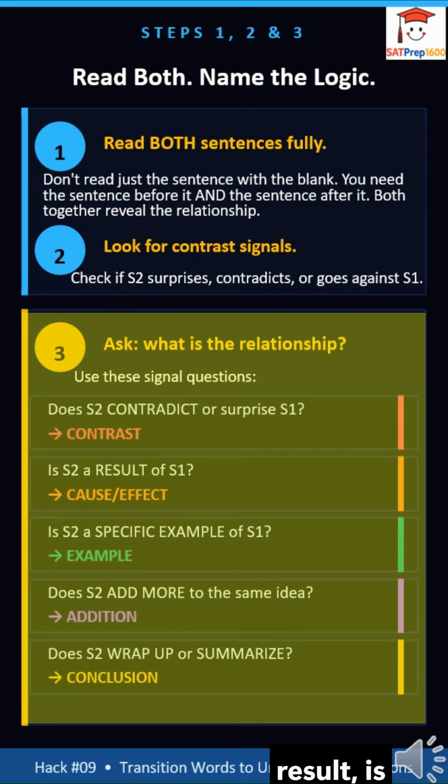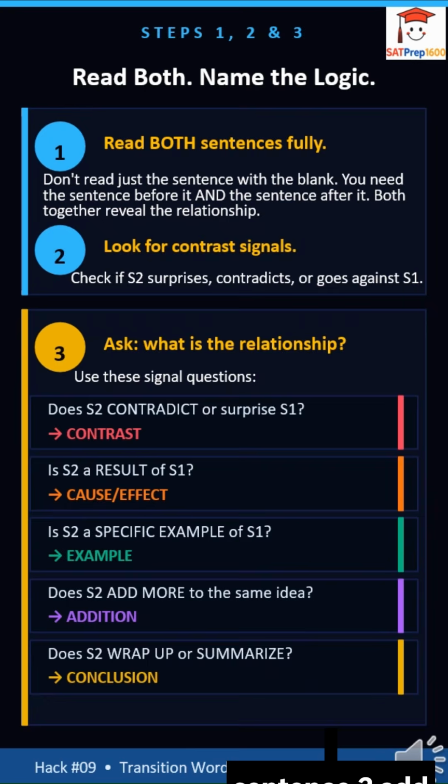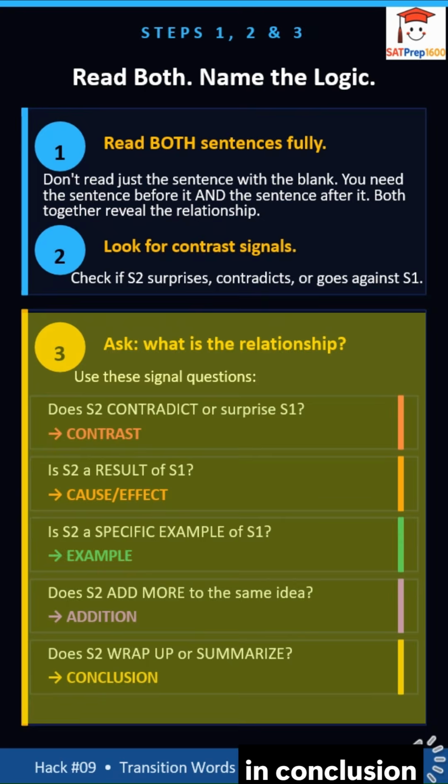Use therefore, thus, as a result. Is sentence 2 a specific example of the claim in sentence 1? Use for example, for instance. Does sentence 2 add more of the same idea? Use furthermore, moreover, in addition. Does sentence 2 wrap up or summarize? Use in conclusion, overall, ultimately. Ask the questions. Name the relationship. Then you're ready for step 4.